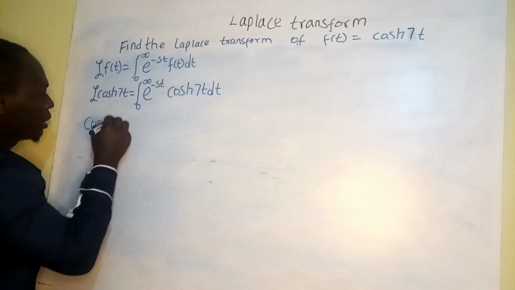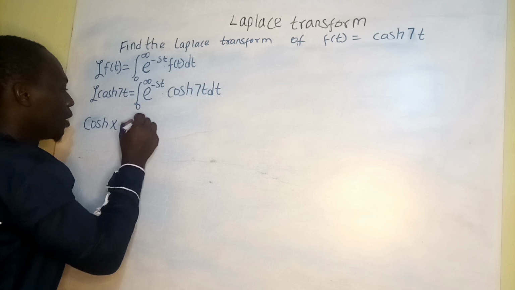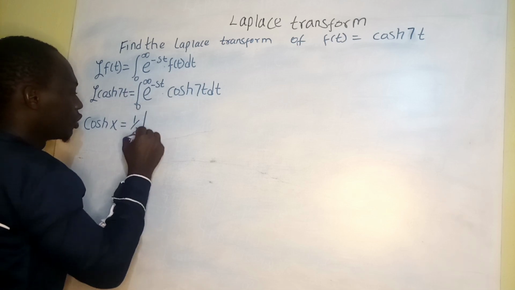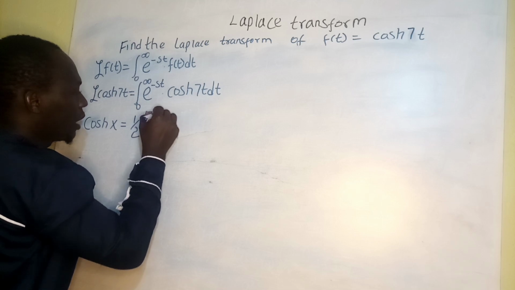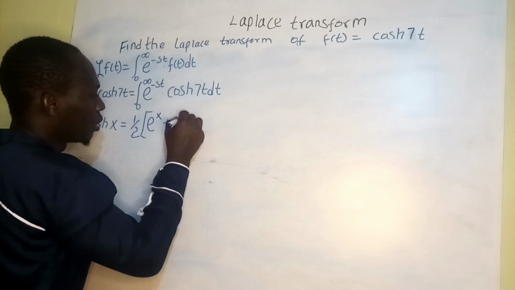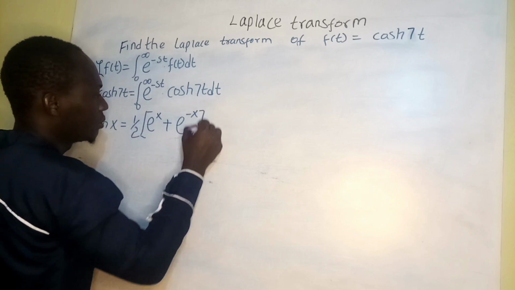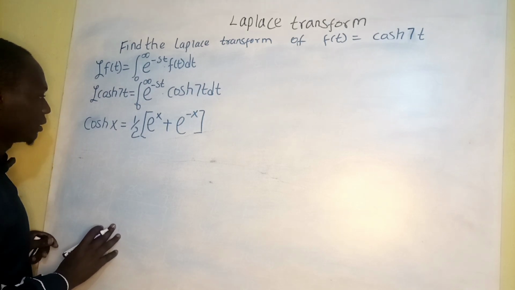cosh x is equal to a half into exponential x plus exponential negative x.